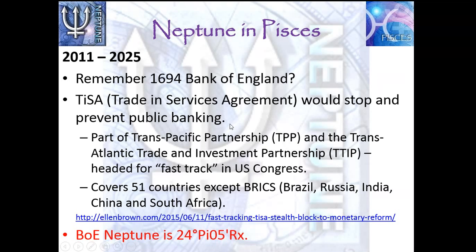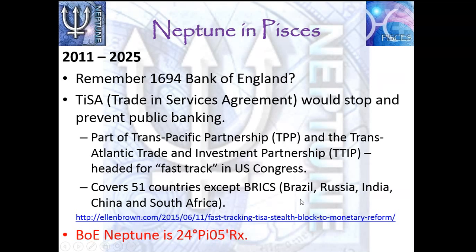And any of you who've heard me over the last 5 years know that since Pluto went into Capricorn, I've really become an advocate of public banking as a utility and a service, not a for rich, for the bankers situation. Well, this TISA would cover 51 countries, everything except the BRICS.